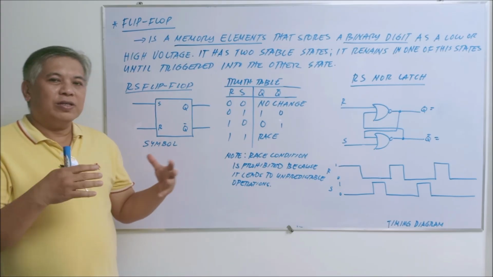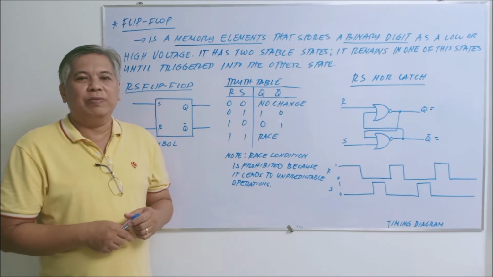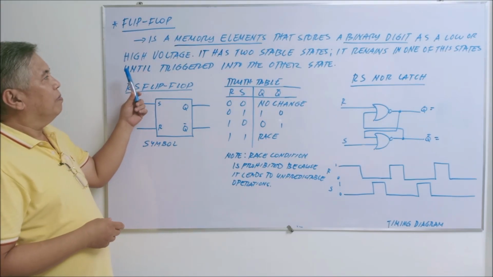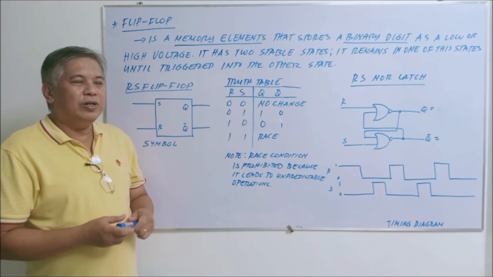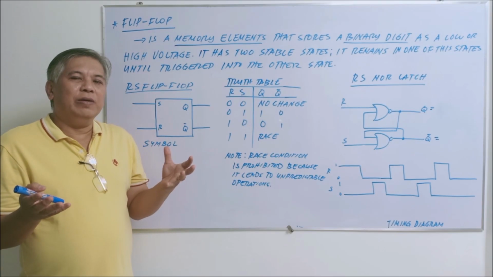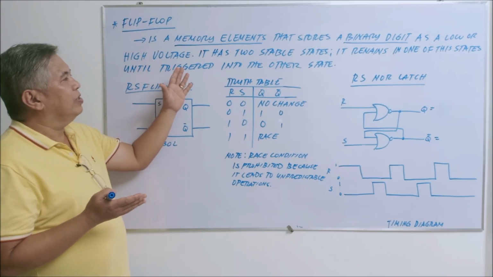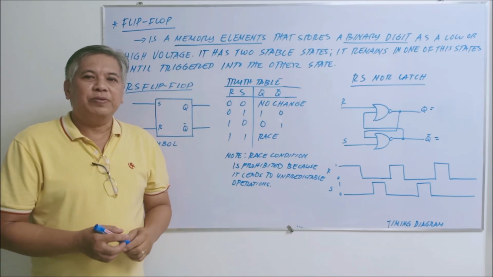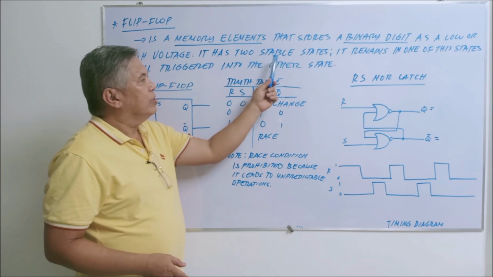So this type of memories, regardless of whether it is external or internal memories, are actually based on the principle of flip-flop. In other words, all the memory elements started with the principle of flip-flops. Okay? So, it says here, it has two stable states.